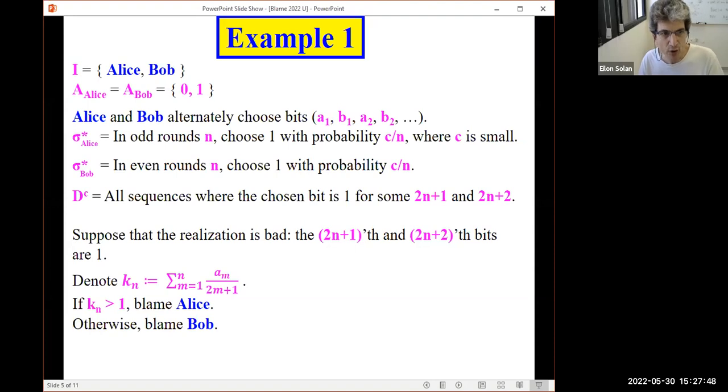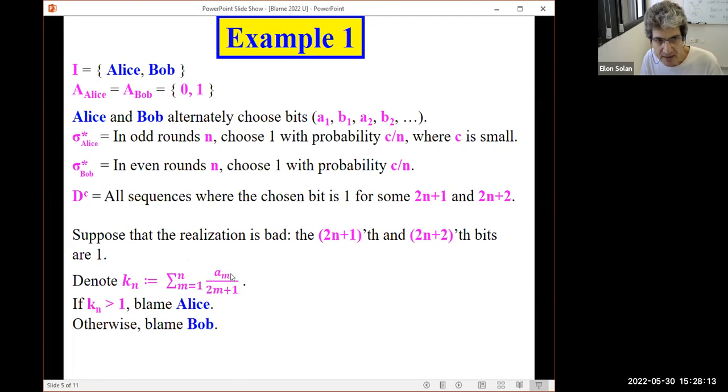So the following is a blame function. We denote by Kn the summation over all m from 1 to n. We look at all periods in which am is 1, in which Alice chose 1, and we look at this summation, 1 divided by 2m plus 1.